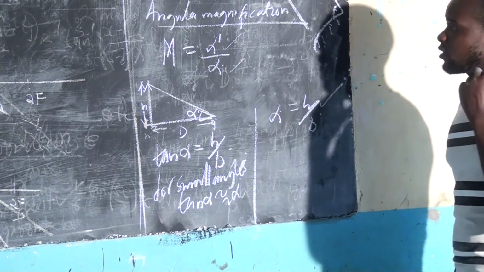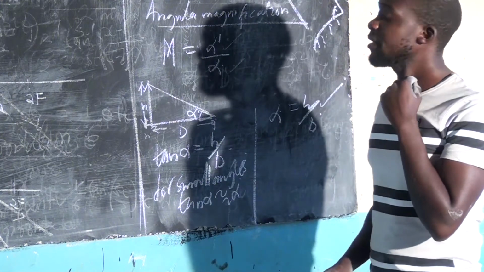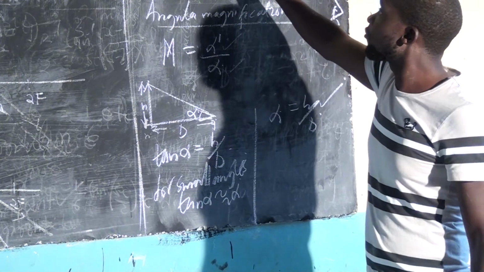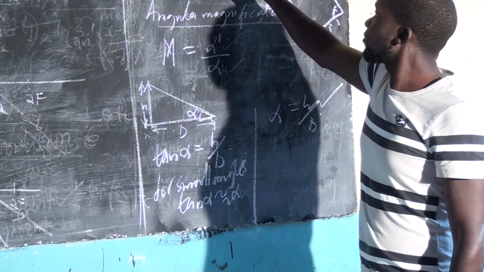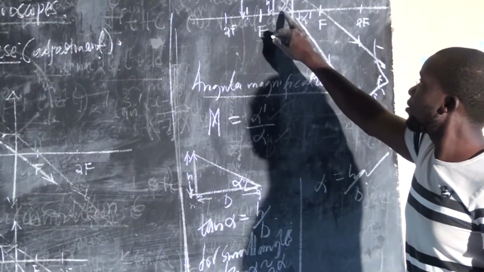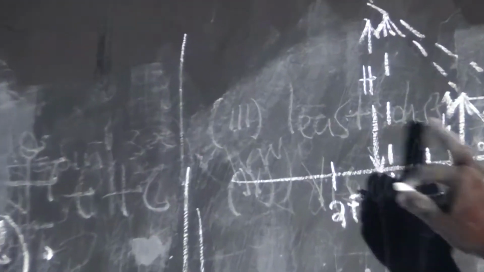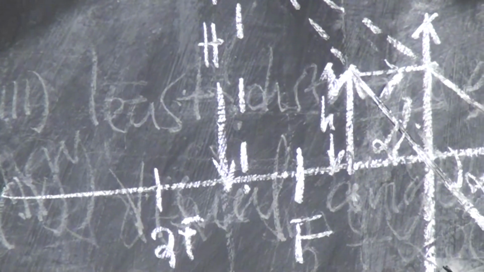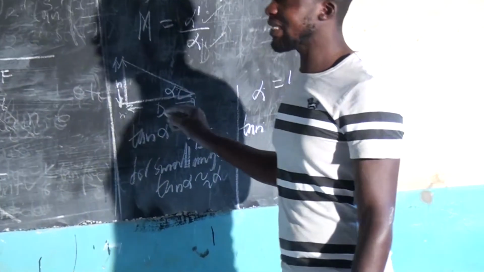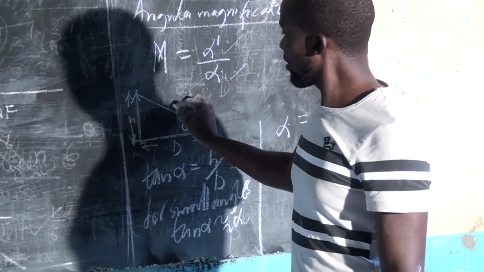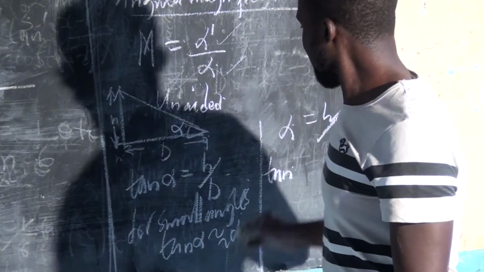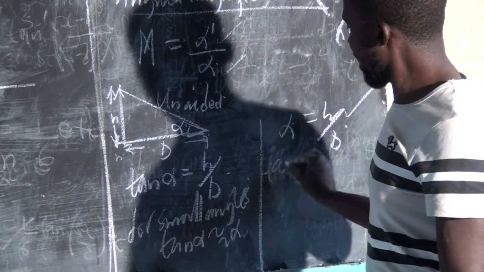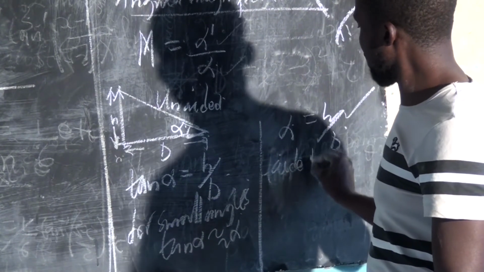Now the task you have is to find the alpha prime. Now the alpha prime will be got from the diagram that I have. What is the distance? If this is alpha prime, I'm considering the other triangle now. So this is unaided here, and I'm now looking at the aided eye, that is when I'm using my microscope.